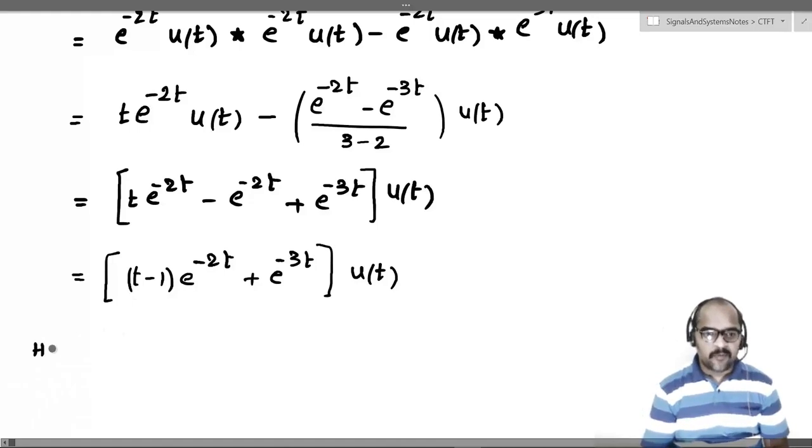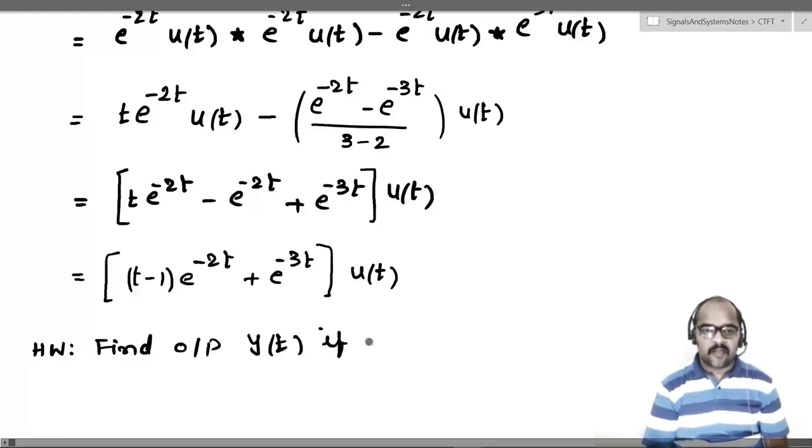So I'll give homework: for the same problem, find the output y of t if the input x of t is, okay, I'll give the first one, x of t equal to e power minus t u of t.